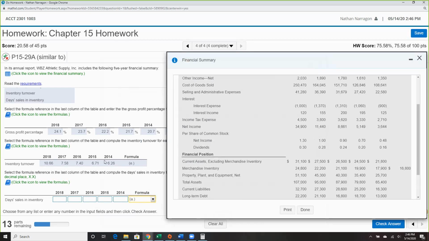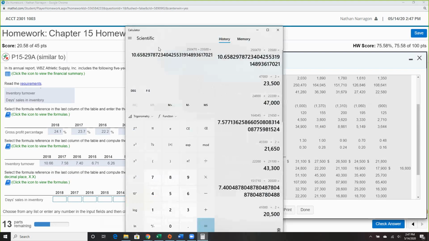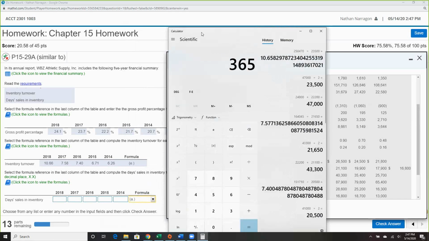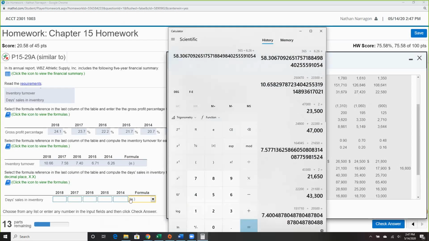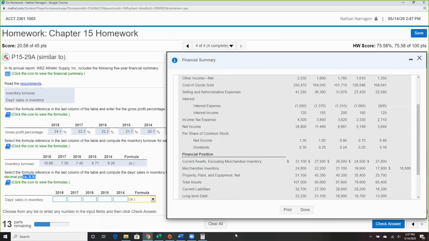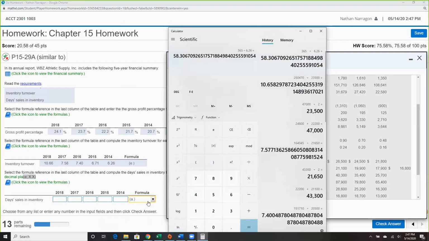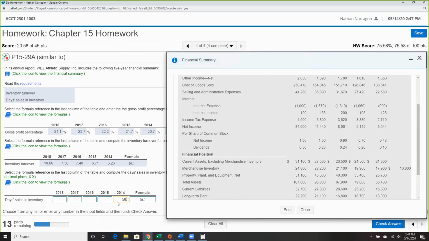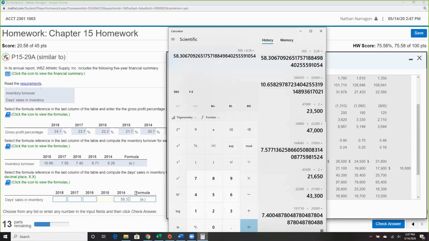And basically we're going to take what we have for inventory turnover, now that we know it's correct due to the steps, and basically divide them into 365. So 365 divided by 6.26 is 58.3, because it's only doing one decimal place. So 58.3. So what I should see with day sales is a decrease in the number of days.